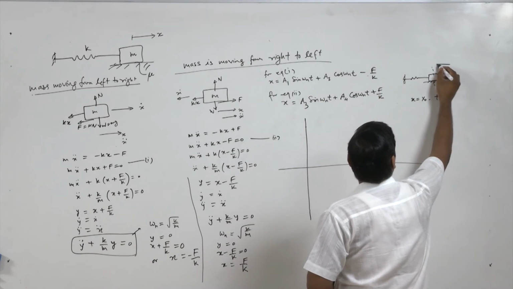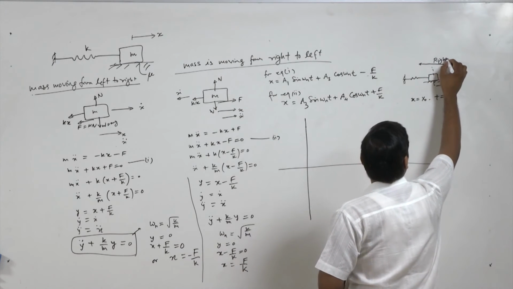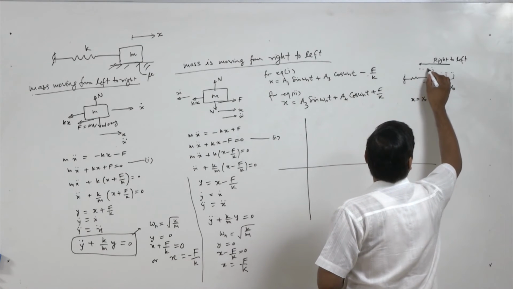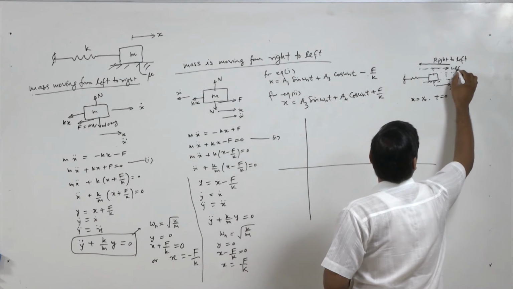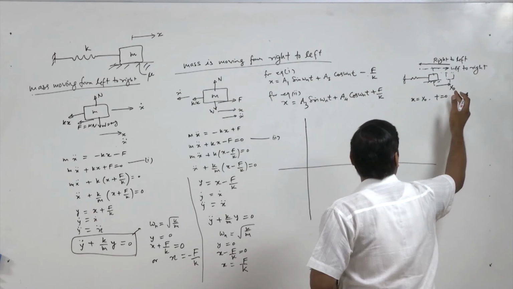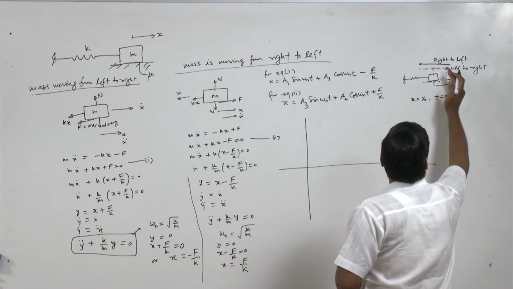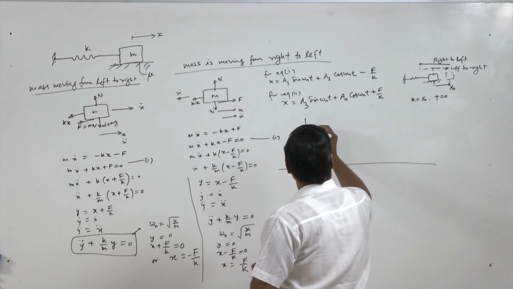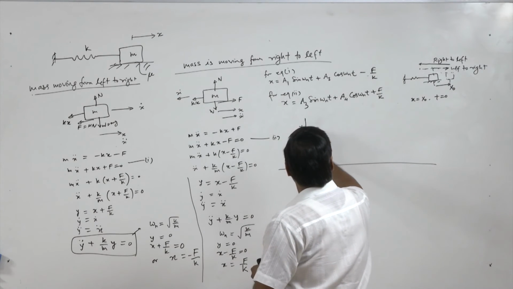So it is moving from right to left, and then in the next cycle it will move left to right. So when we have pulled it with x0 and left it, it is moving right to left. Here this is x0, and this is x.